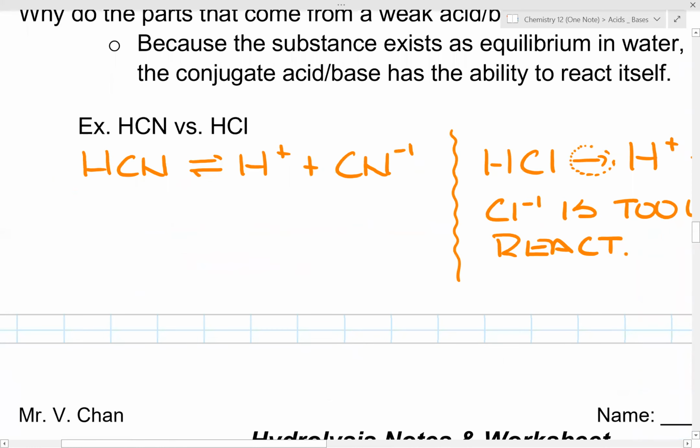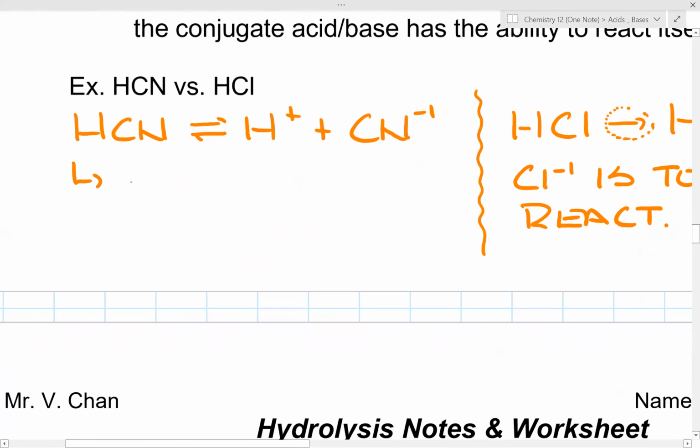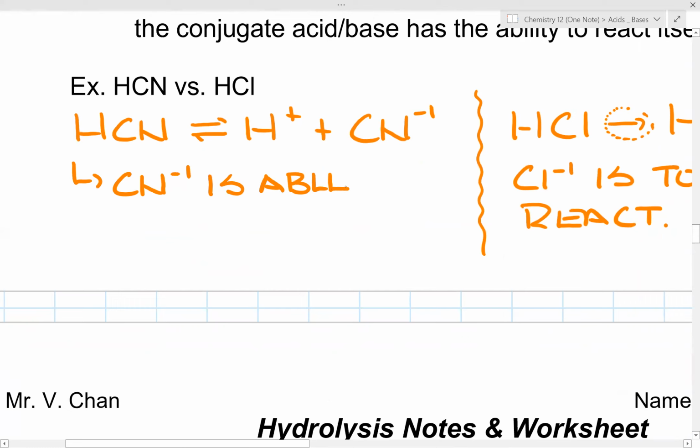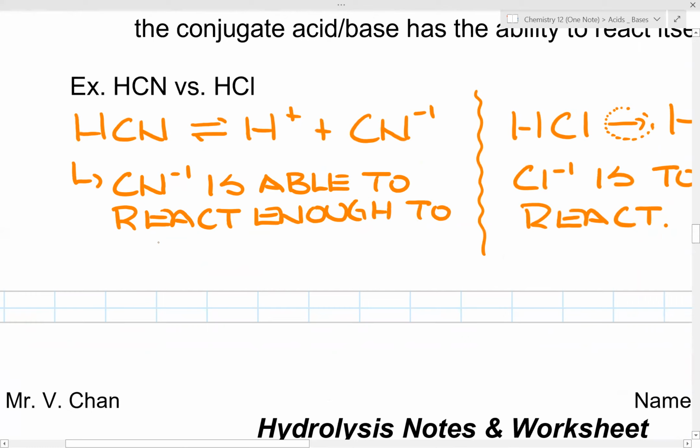Versus here, where you have an equilibrium system, the CN minus 1 is able to react enough to push the equilibrium back that way.